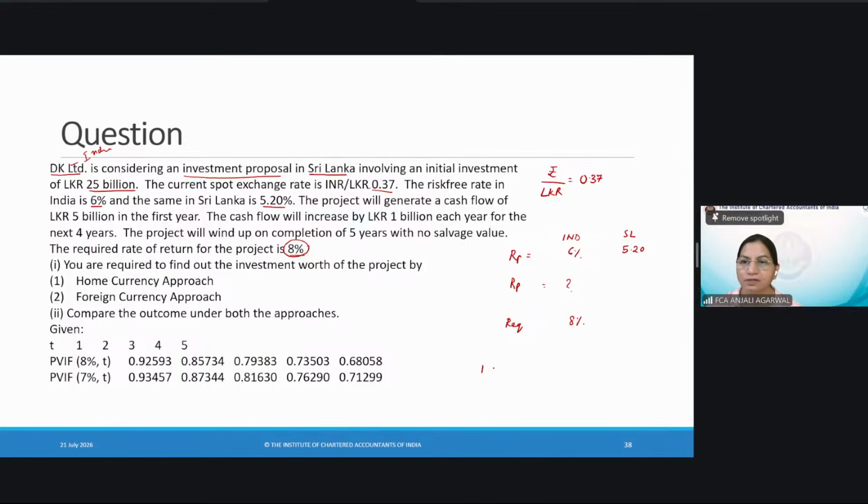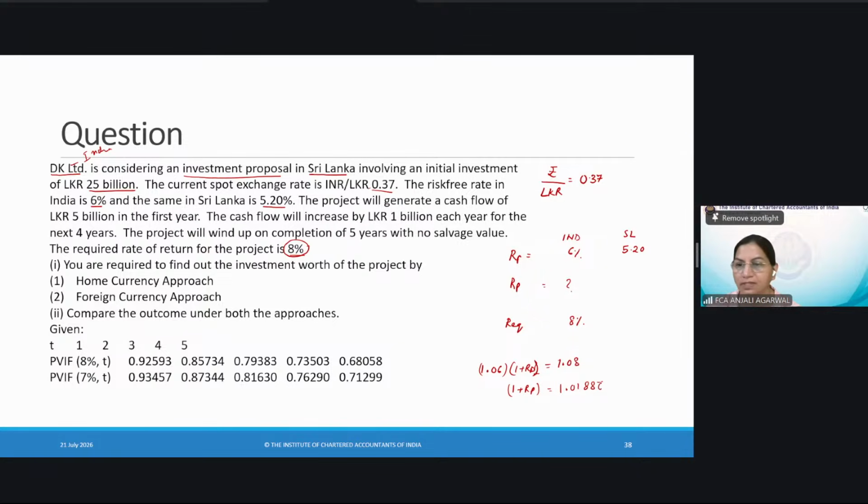So 1.06 multiplied by 1 plus risk premium in India gives us 1.08. So therefore, 1 plus risk premium, which is the same in India and Sri Lanka, is 1.08 divided by 1.06, which is equal to 1.0188.